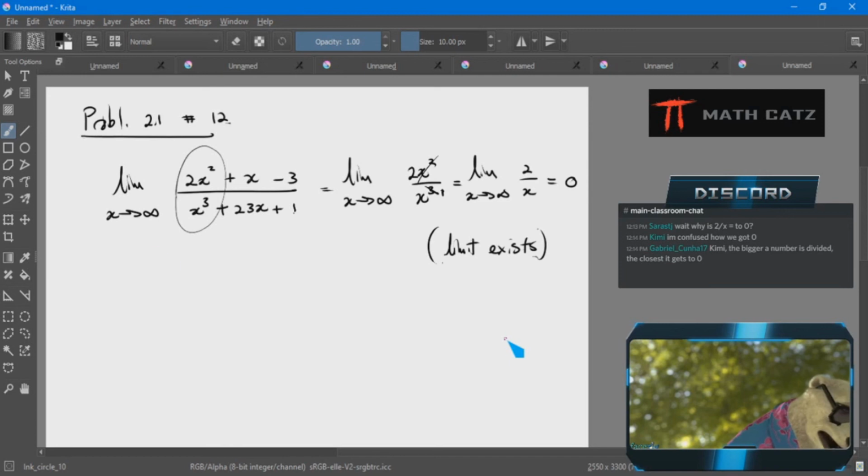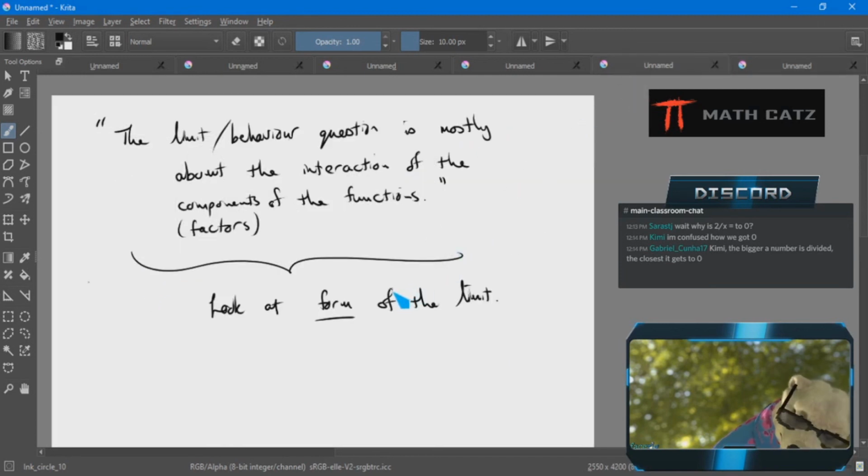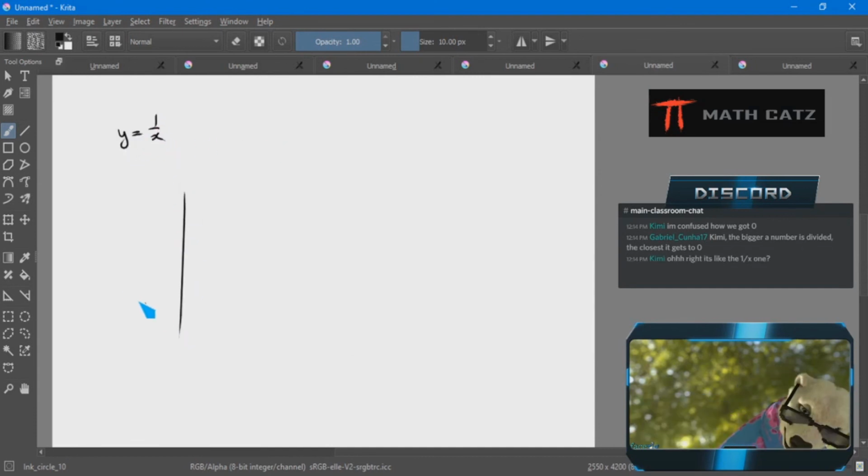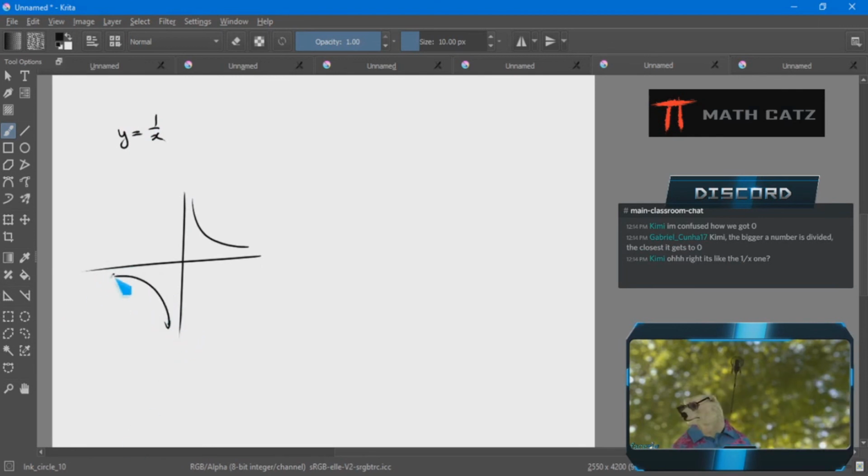I don't want to do it on this page. I want to do it over here. You can take your y equals 1 over x. Right, I have the properties of my basic function. That transforms to 2 times 1 over x.